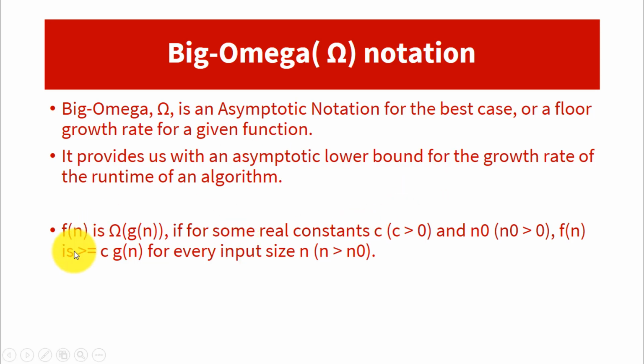So we say f of n, which is the actual function, is omega of g of n if for some real constant c, which is greater than 0, and n naught, which is also greater than 0, f of n is greater than or equal to c times g of n. It means it's not going to be lower than that for every input size n when n is equal to or greater than n naught.